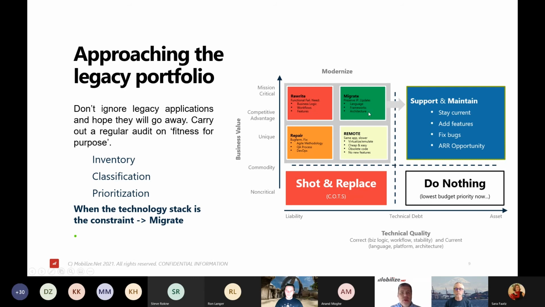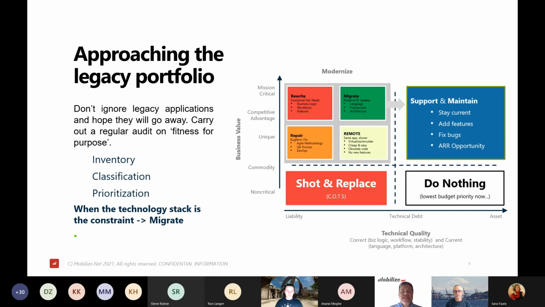And this is where we would like to focus today: applications that are important to your organization and trapped on an old technology stack, but that are currently performing a valuable function and need to continue to be evolved. So the solution would be to migrate them. With Mobilize, our approach is to automate as much as possible of that process.